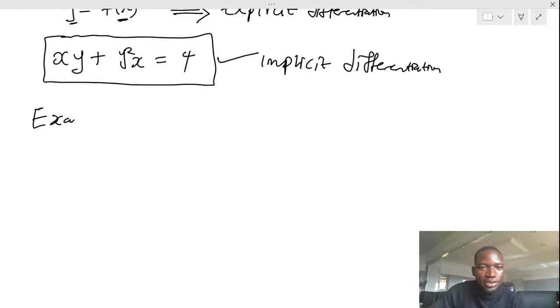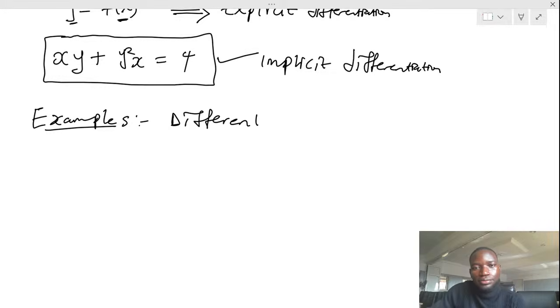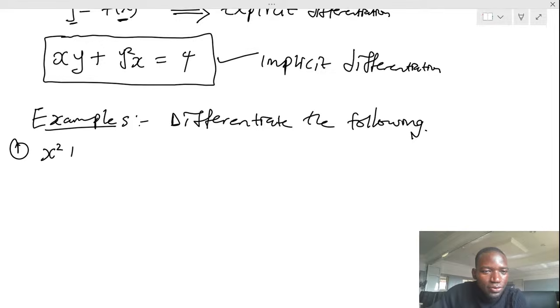Okay, let me call them examples. Differentiate the following. The first question is x squared plus y squared equals 4.